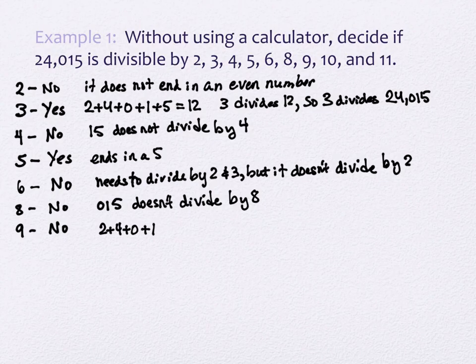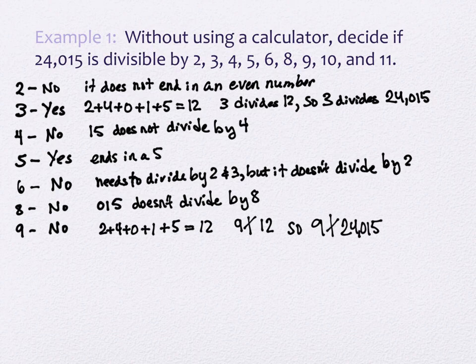Notice it worked for 3, but it doesn't work for 9. That can happen. This sum was 12. Does 9 divide 12? No. 9 does not divide 12, so 9 does not divide 24,015. Feel free to use words if you'd rather instead of using the symbols.